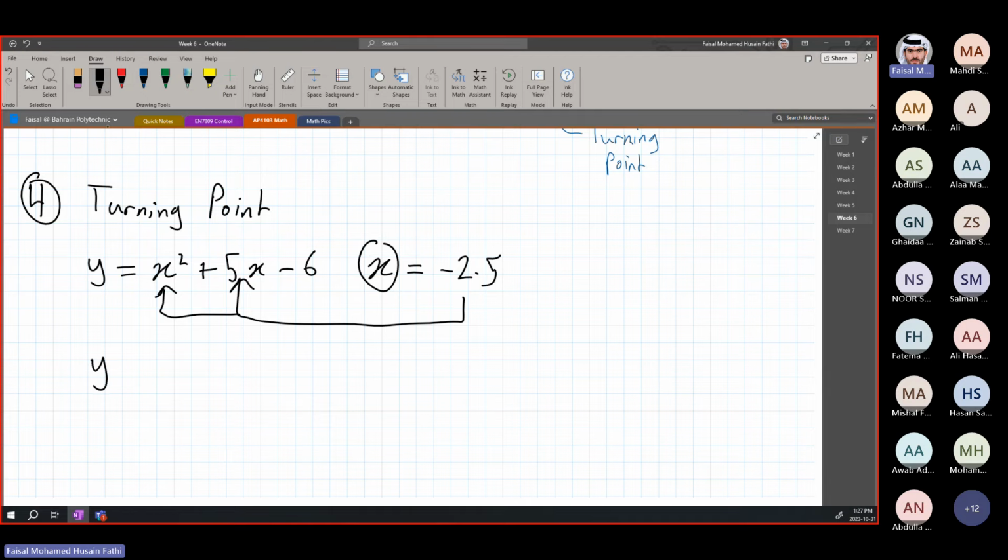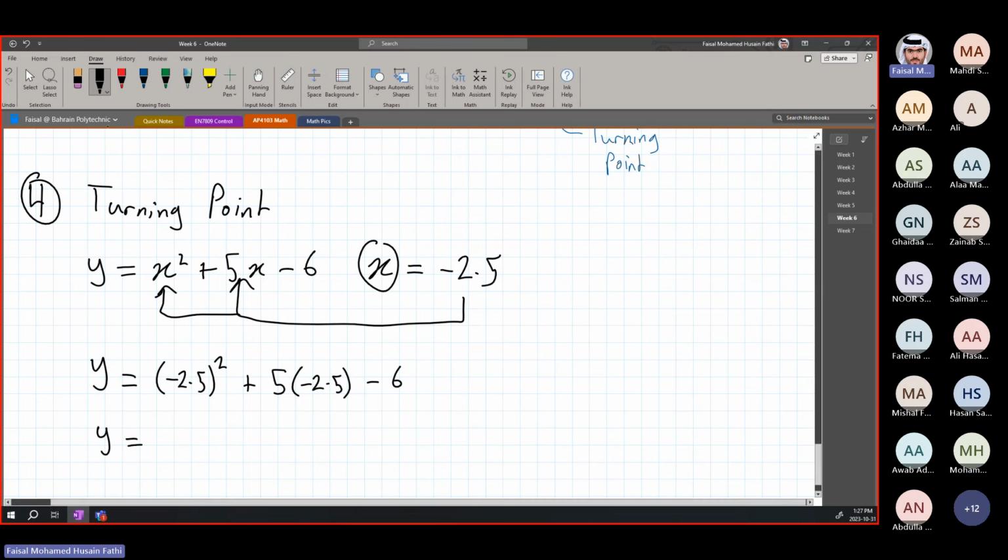the equation will be y is equal to minus 2.5 squared. Make sure when you're putting this in the calculator, you're putting the minus inside the bracket, not outside, inside the parentheses, plus 5 times minus 2.5 minus 6. So y is equal to minus 2.5 squared, which is 6.25.